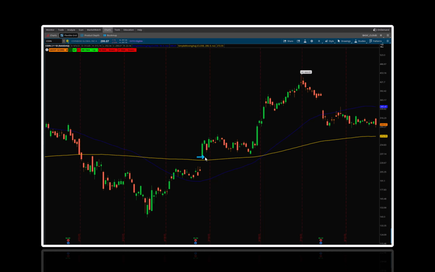And one thing to also note is that the 200 is starting to slope up at this point.